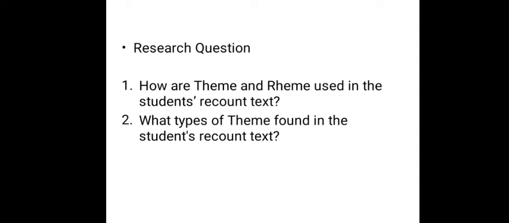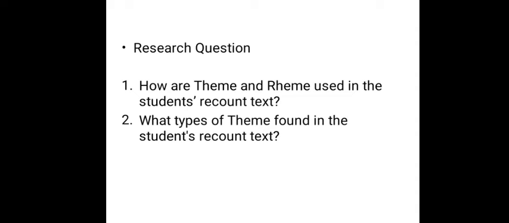Okay, for the research questions in my proposal, I have two research questions. The first, how are theme and Rheme used in students' recount texts? And the second, what types of theme are found in the students' recount texts? Based on the material subject for last semester, I taught students at SMKN 1 Majalengka.